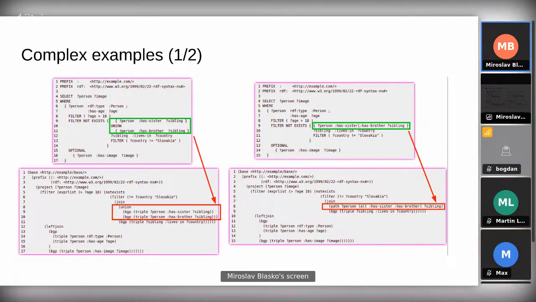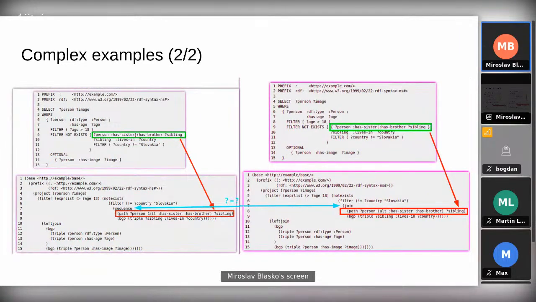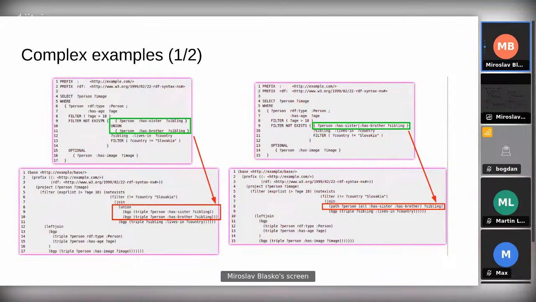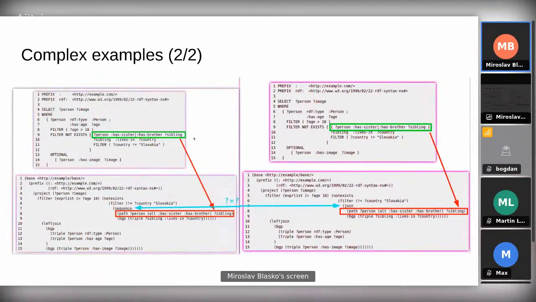You could mathematically prove yourself that they are the same or not. So here are some variants of this query. Here, instead of union, I use a property path. Here I used just another group pattern, another level of nesting, I would say.